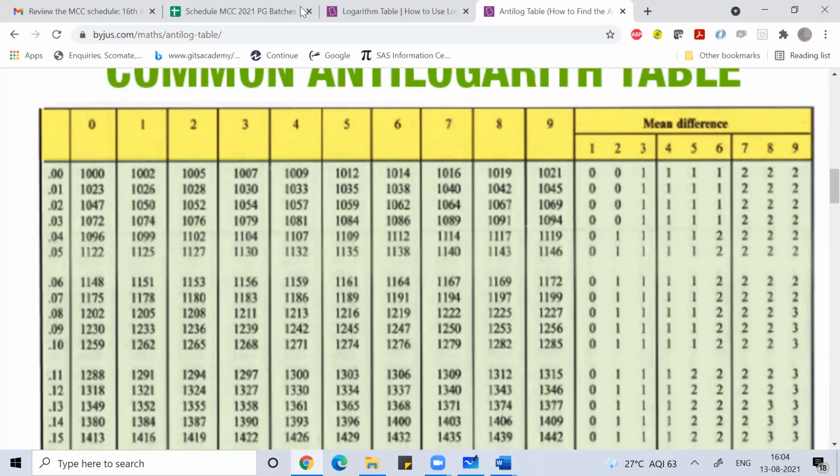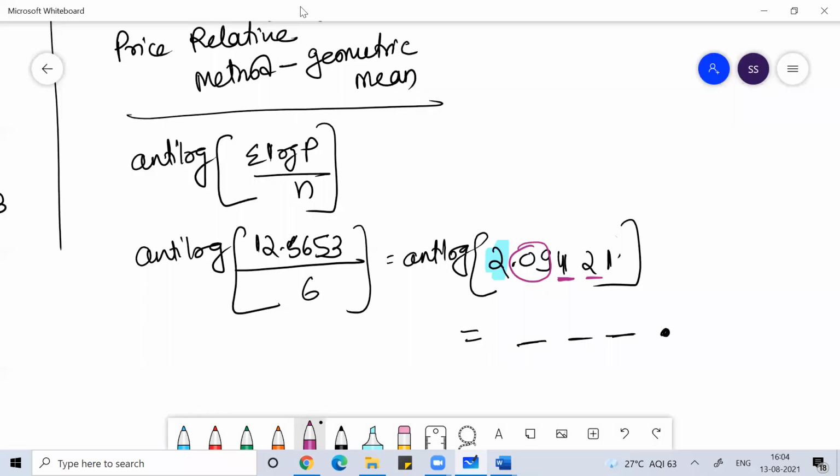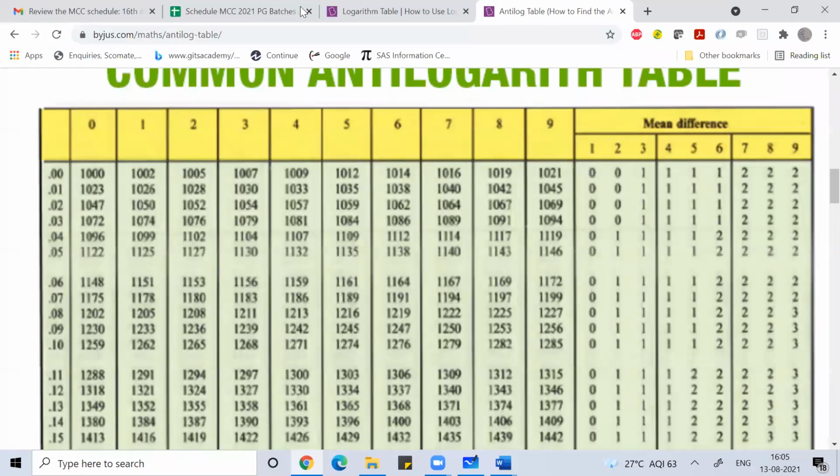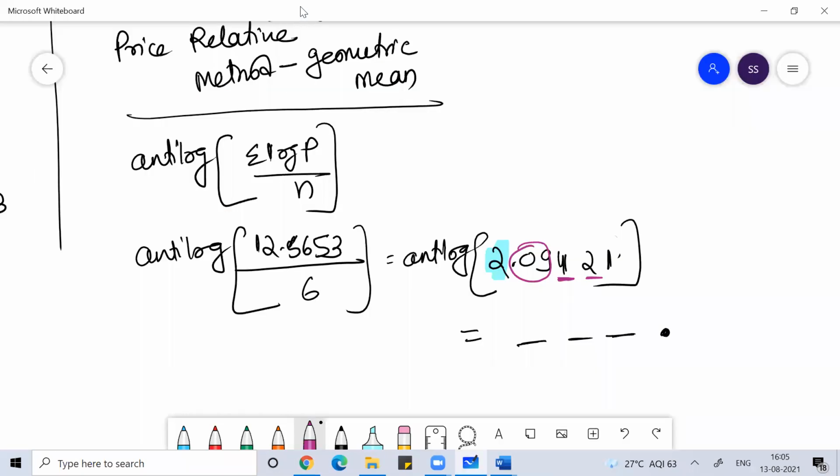That is 1242, and then add the mean difference 1, so 1243. After 3 digits the decimal will come. So this is the value of the index number, 124 point something.